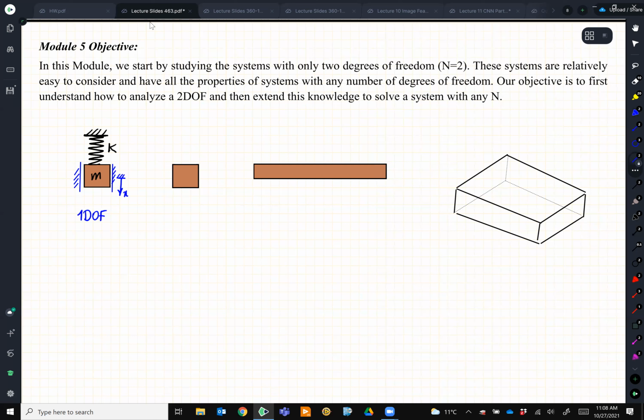So this mass can be a 2 DOF system, because we can claim that it can move in X and Y direction. So it has 2 degrees of freedom.